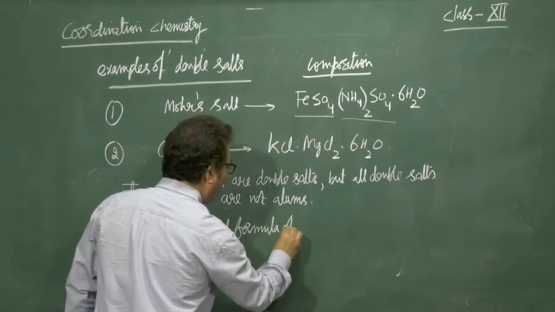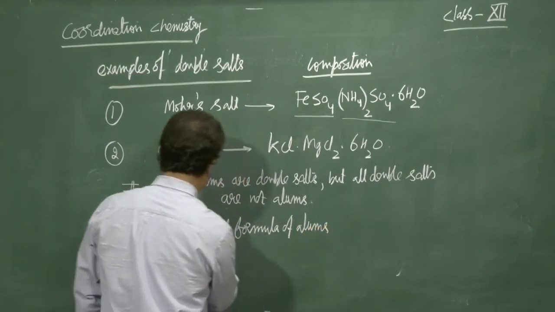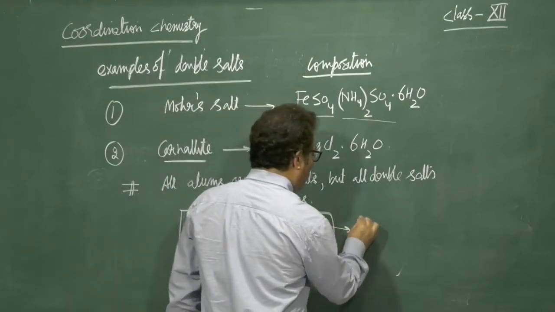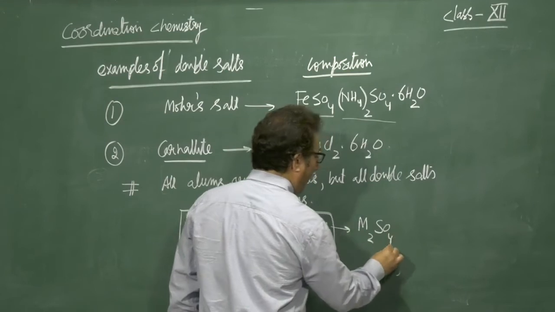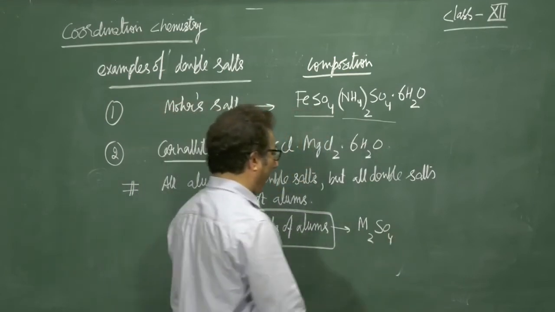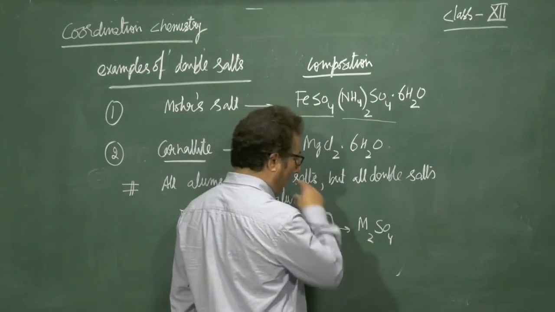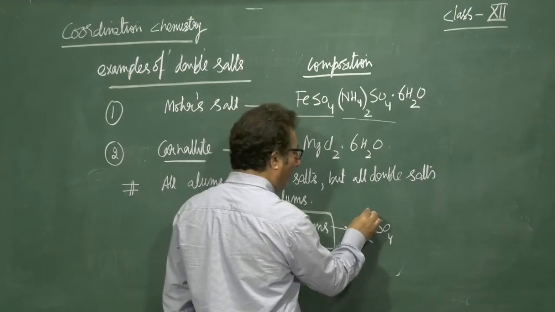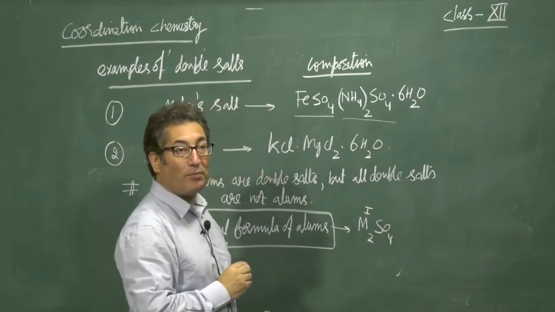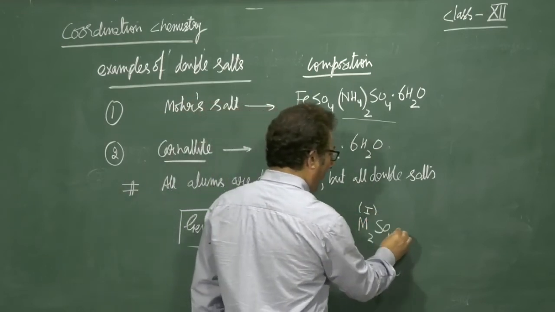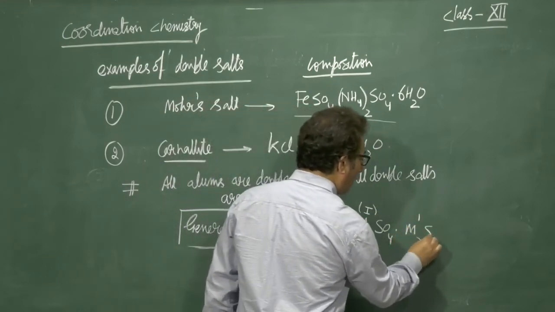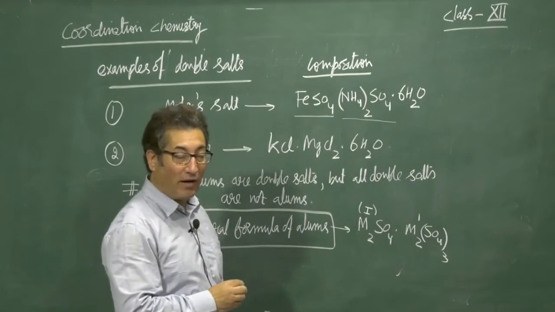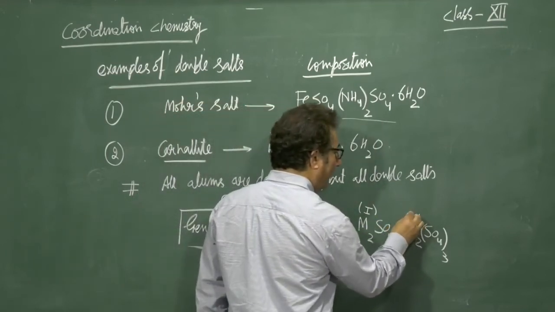The general composition of alum is M2SO4, where this metal must have an oxidation state of +1, that means it must be monovalent, and M'2(SO4)3, where this metal, generally represented by M dash, must have an oxidation state of +3.